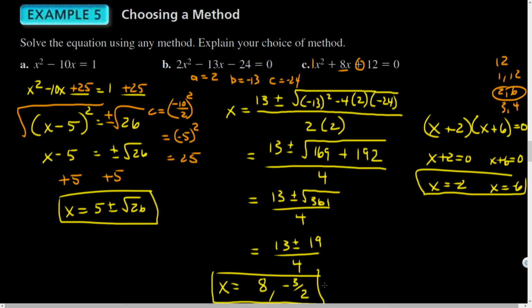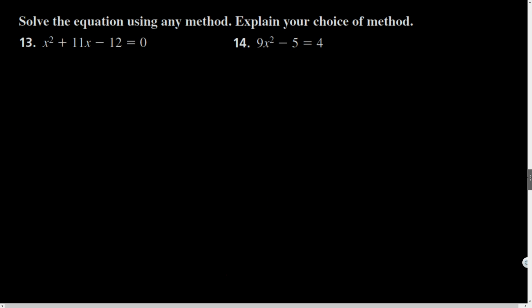And so, like I was saying here, the fact that these have no irrationality to them means the problem was factorable. And I chose factoring because I didn't feel like doing the AC method, but I happened to notice this one's factorable. I recognized 12 had some factors that added to 8. Here, I'm not going to solve these ones, but let's see if I can explain why.